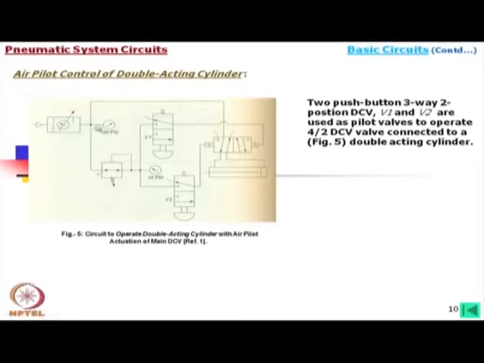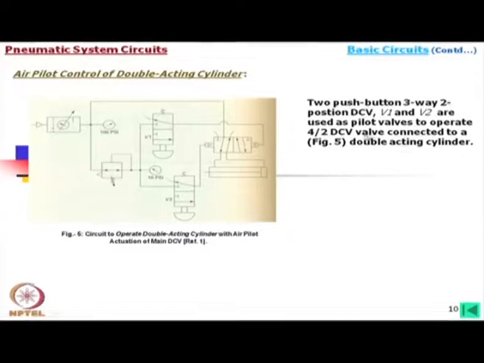That means the main source is 100 psi, whereas for the pilot operations we are using only 10 psi, that is 0.07 megapascals, whereas this is 0.7 megapascals. Now, the operation, as you see, V1 and V2 are used as pilot valves to operate the 4/2 DCV.